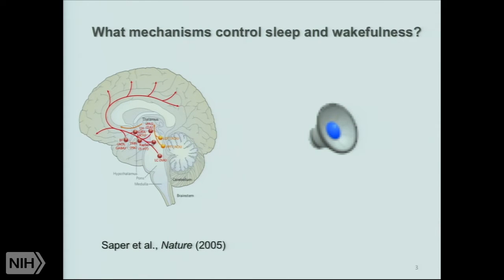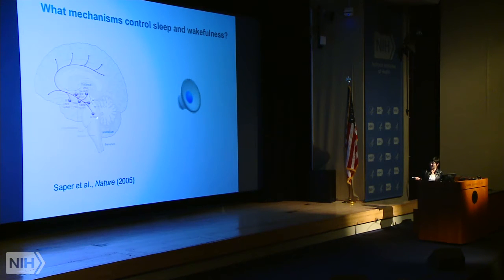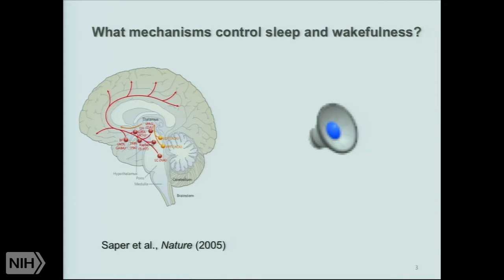Now, over the past many decades, studies from many labs around the world have identified multiple brain regions that are important, including brainstem, hypothalamus, and basal forebrain. So these include many of the well-known neuromodulatory circuits.